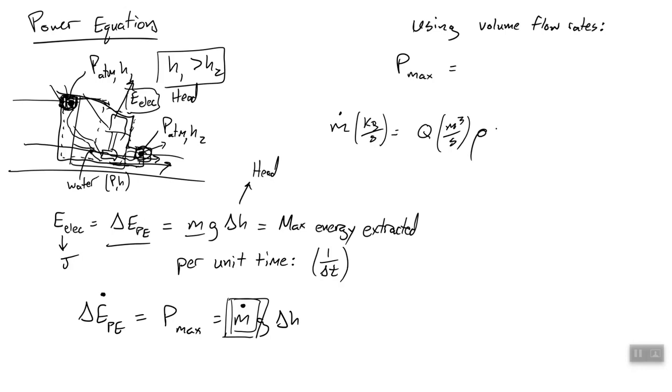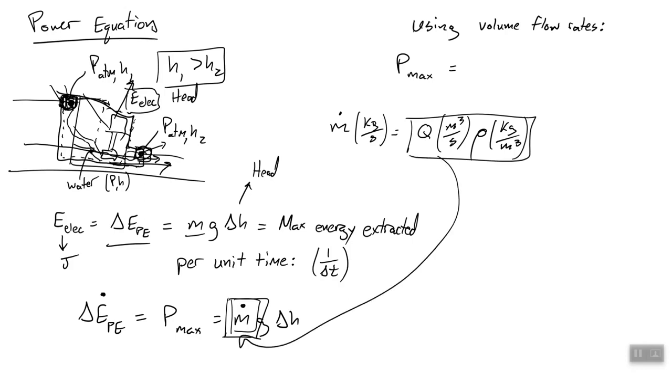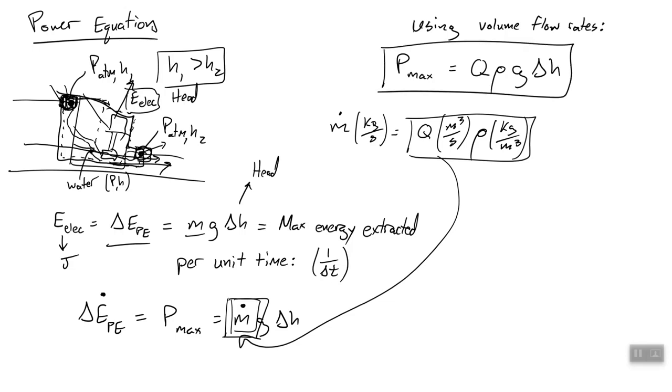Well, that's as simple as putting the density, right? Kilograms per meters cubed. So m dot equals volume flow rate times density. So we're going to sub in this side of the equation for m dot, and we get Q times rho times the rest of the equation, g times delta h. All right.